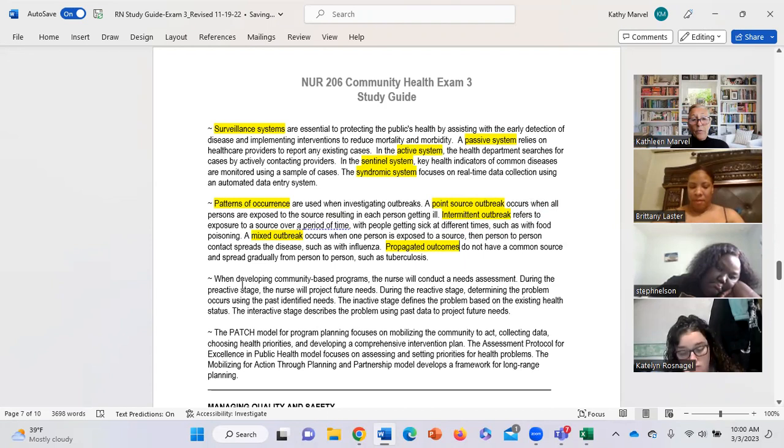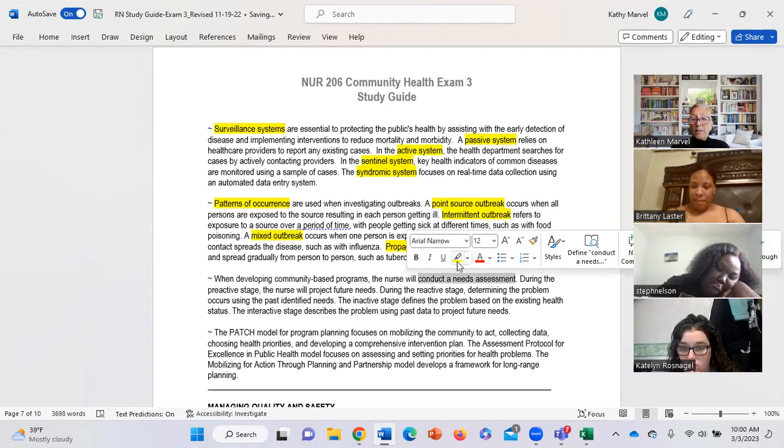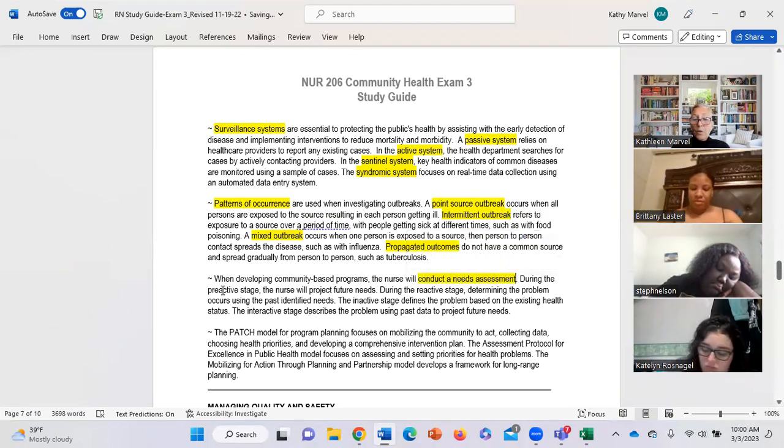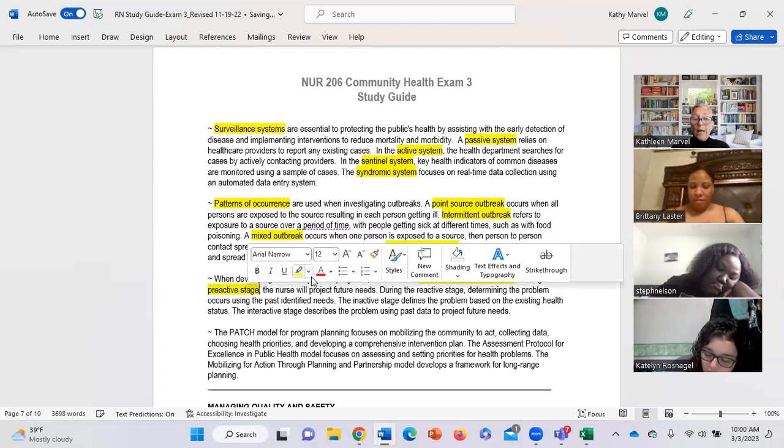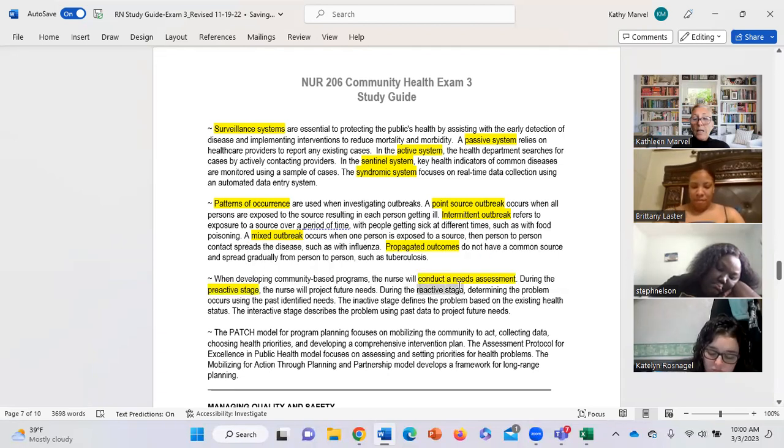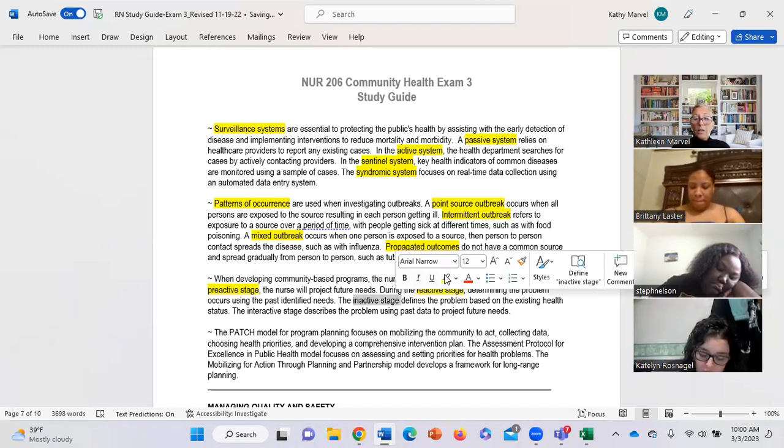Then the last thing about surveillance is when developing community-based programs, the nurse first has to do a needs assessment. There are a few stages to that. There's a preactive stage, a reactive stage, an inactive stage, and an interactive stage.